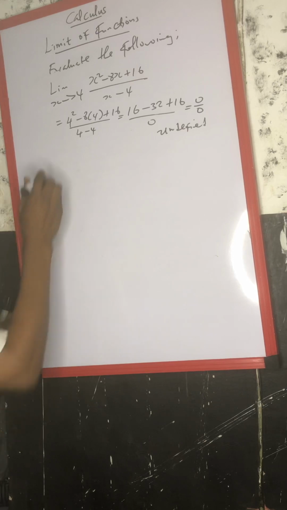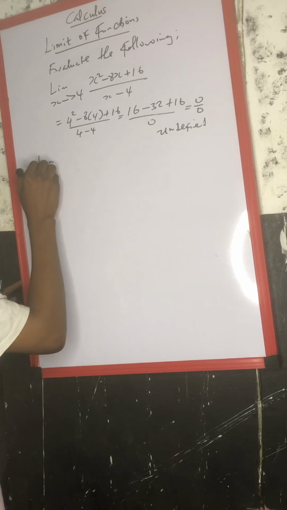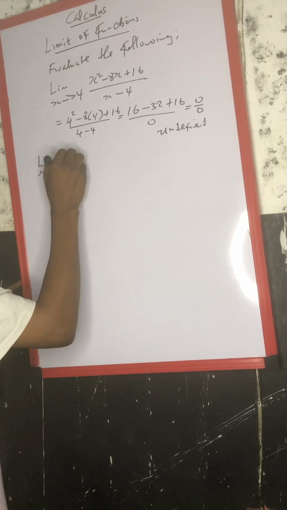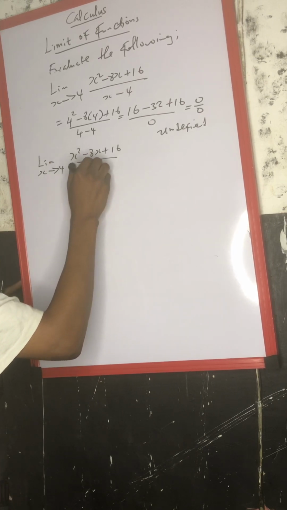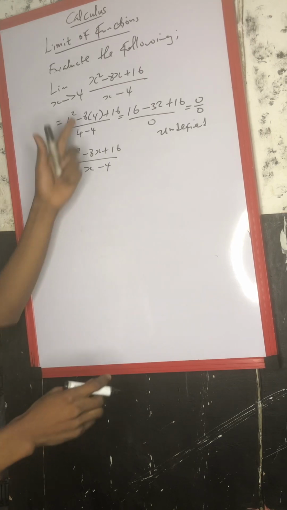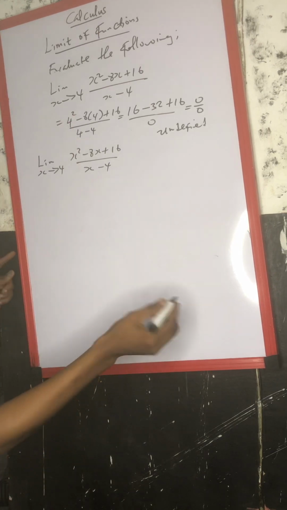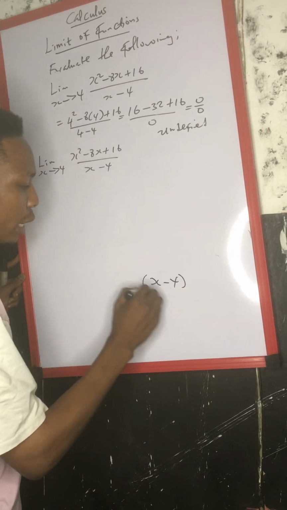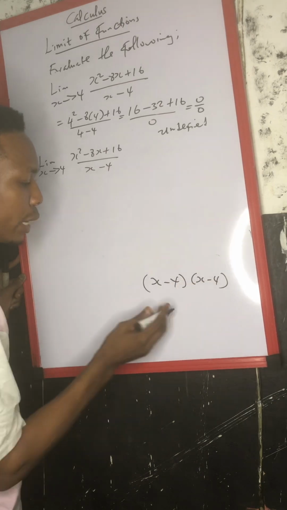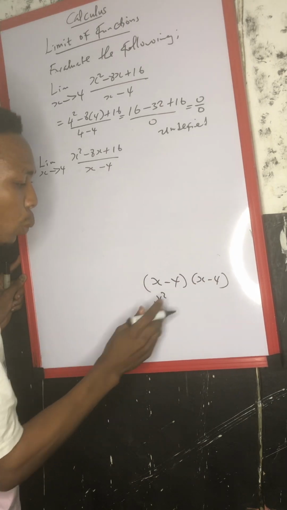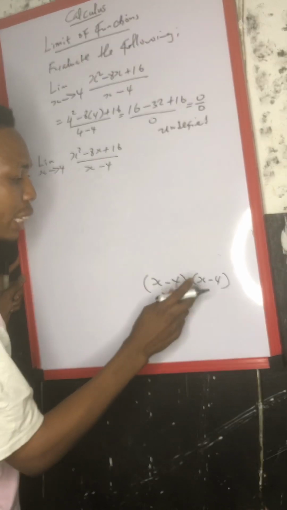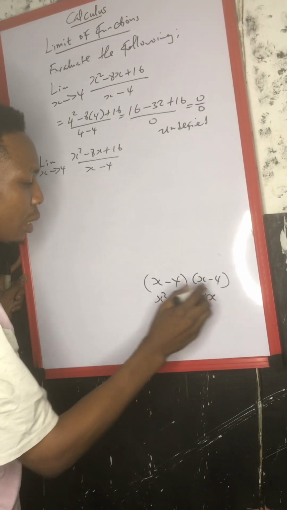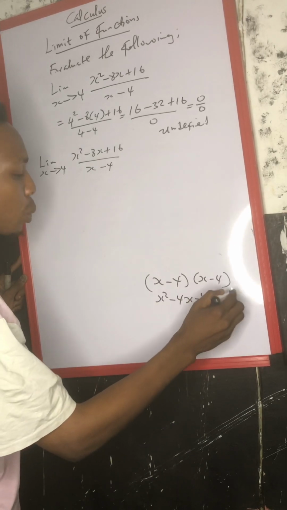All right. So from there, it becomes the limit as s approaches 4 of (s squared - 8s + 16) all over (s - 4). If you observe, s and 4 are common. I can easily bring out (s - 4)(s - 4). s times s gives s squared, s times minus 4 is minus 4s, minus 4 times s is minus 4s, minus 4 times minus 4 is plus 16.